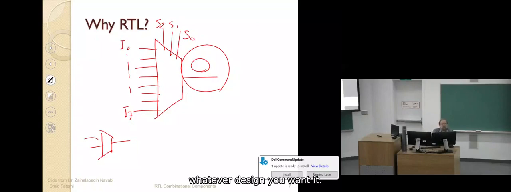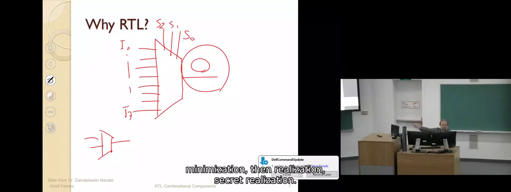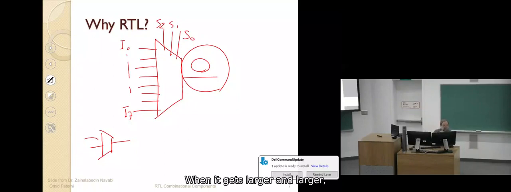Whatever design you wanted, we started from the truth table, then Karnaugh map, then minimization, then circuit realization. It was very straightforward, but it is good for something small. When it gets larger and larger, we cannot do that.